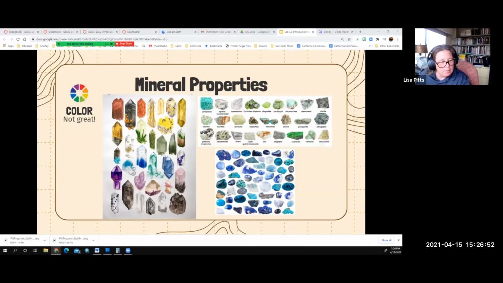Oh, yeah. So how would you describe that shape? They're not really squares. They look like they're pyramided on top, so they're probably pyramided on the bottom.